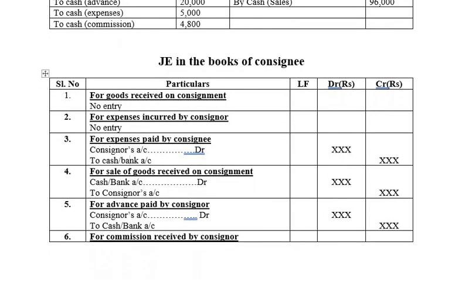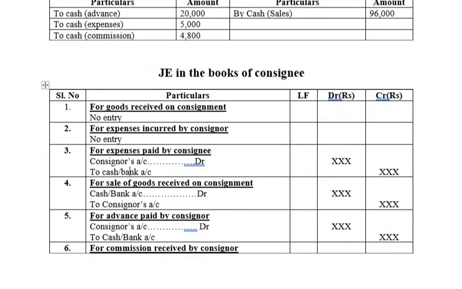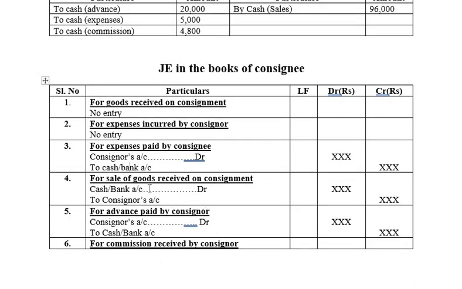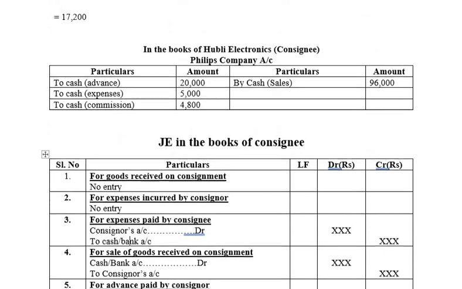Next, what is the next journal entry? For sale of goods received on consignment. Yes, there is sale of goods being done, which is 96,000. For sale of goods on consignment, cash or bank account debit to consignor's account.